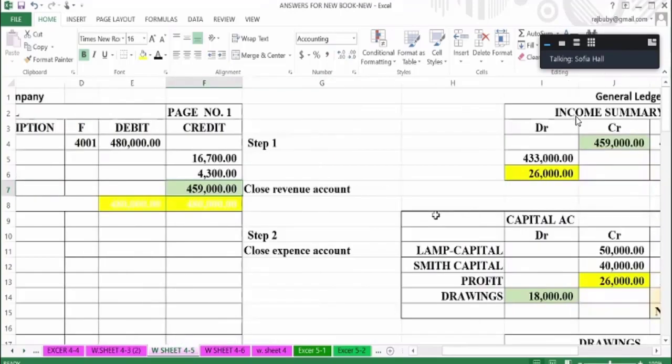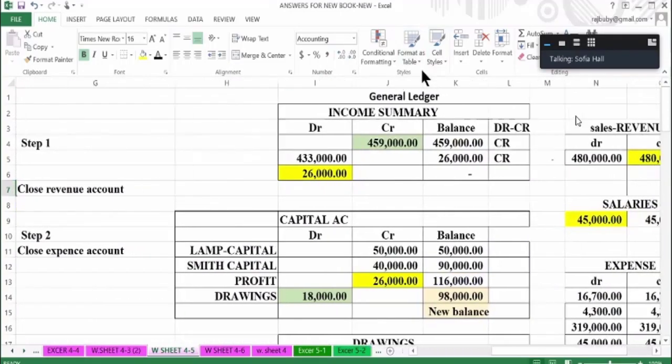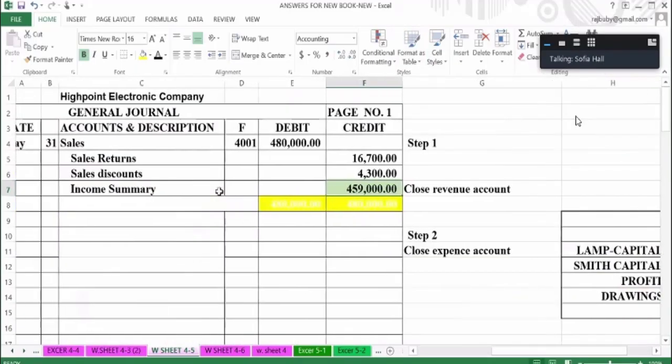That is the income summary account. The income summary account is transferring to this. We are going to write the first journal.